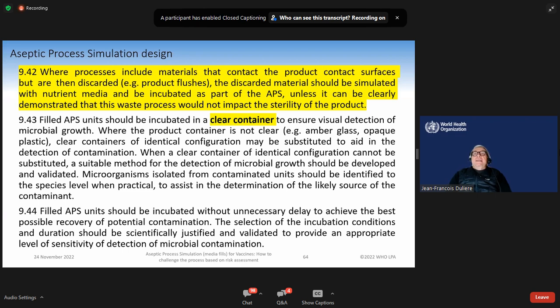Filled APS units should be incubated in clear containers. So amber glass and opaque plastic are not allowed.